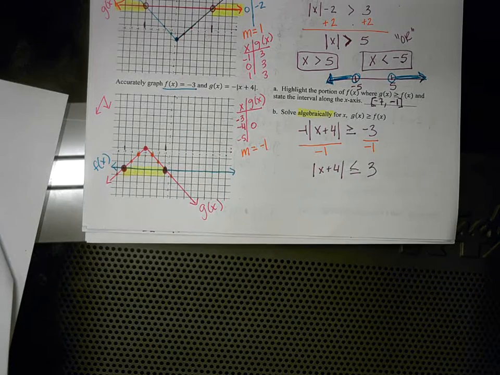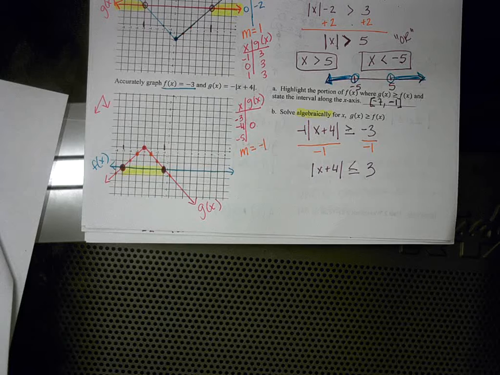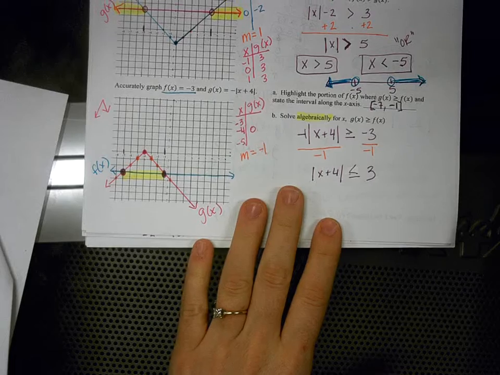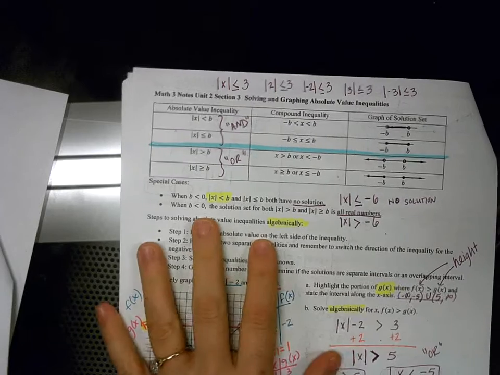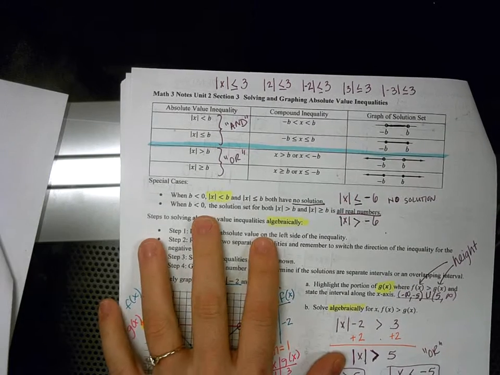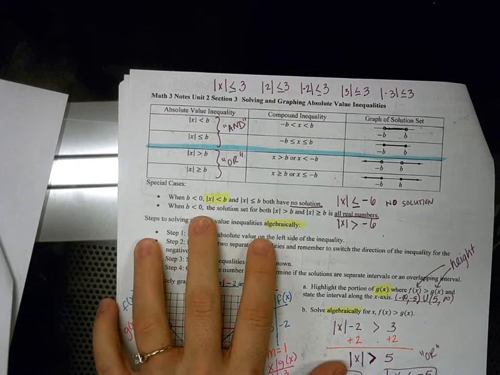Now this is very important. This is where we determine whether this is an AND problem or an OR problem. So let's go back to the top. We have a less than sign. Is that an AND problem or an OR problem? It's an AND problem.